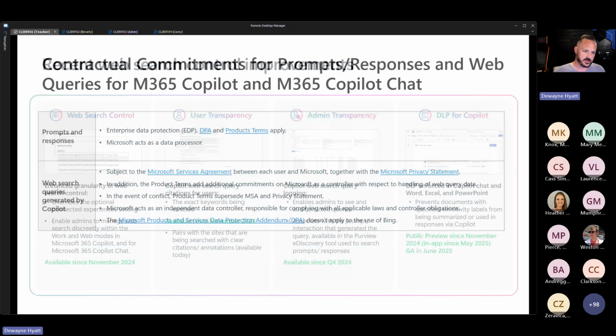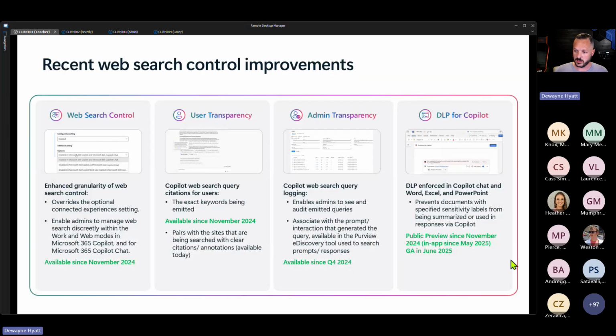We talked about this a little bit before the recording started, but there's DLP for Copilot. So there's a new label that will prevent Copilot from talking to or processing a file. So if you are interested in those kinds of things, contact your CSAM and get a hold of one of the CSAs, and we would be happy to help you do that.